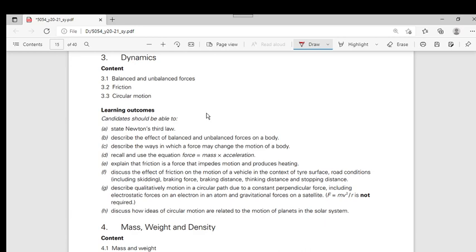Okay, explain the friction. Now from here the two other definitions asked in the paper are: what are balanced and unbalanced forces, and then what is meant by friction.